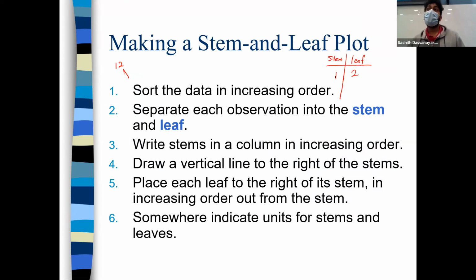Clear? If you have a three-digit number like 152, always the last digit goes to the leaf, so 2 goes to the leaf.